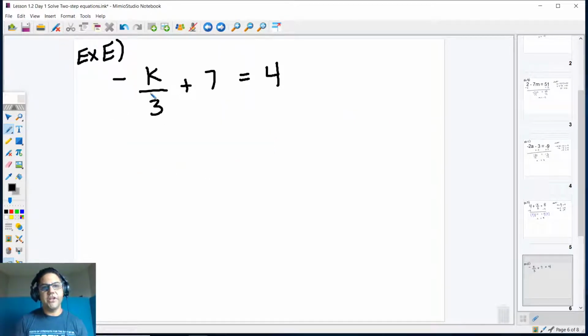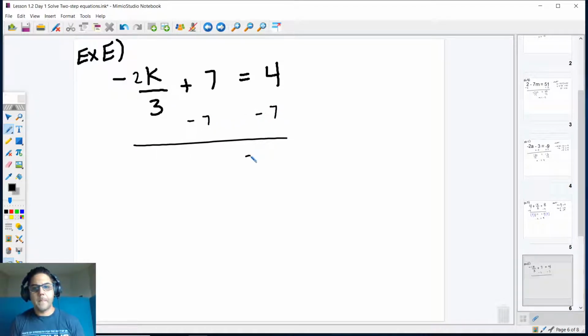All right, let's actually change this to a 2 here. So we're going to go ahead and subtract 7 of both sides. So that's going to give me a -2. Don't forget the negative sign. Thirds. I'm going to put my k there. 4 subtracted 7 is going to give me a -3.